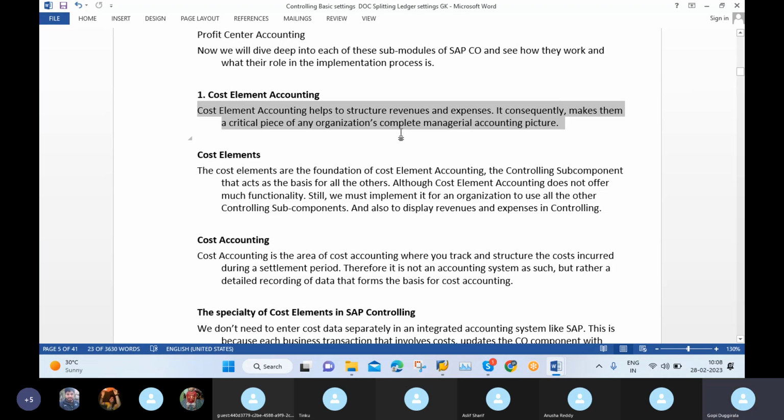Cost elements are linked to a cost center. Cost centers are linked to a cost center group. One cost center has multiple cost elements, but one cost element doesn't have 2, 3 cost centers.